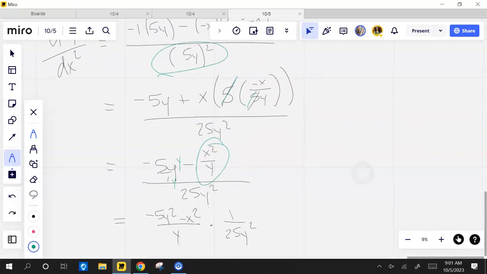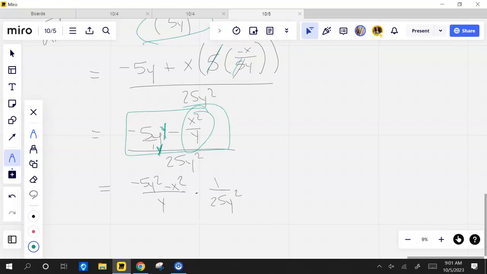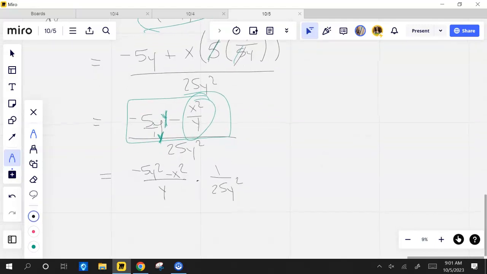The green y. I needed to combine this numerator here, so I had negative 5y minus x squared over y, so I gave it a common denominator of y. And then I multiplied the reciprocal of the bottom. That's exactly right, because I had a fraction and a fraction. So now I got negative 5y squared minus x squared over 25y cubed. The final answer. That's as far as I'll see taking it.